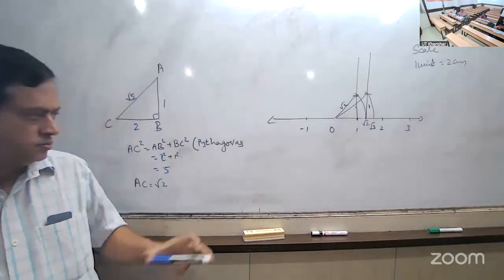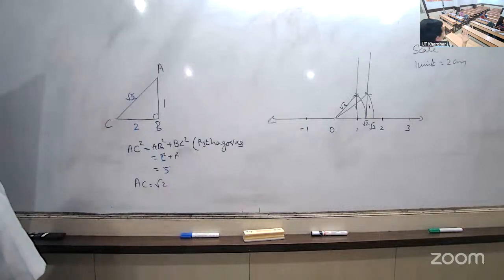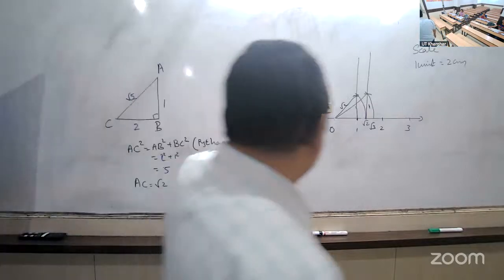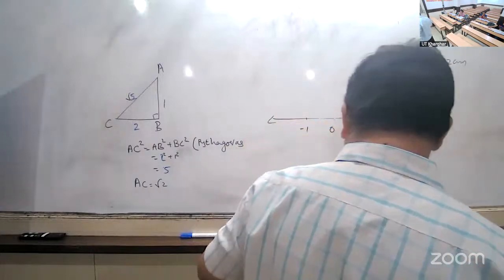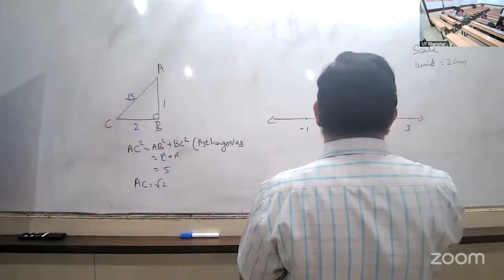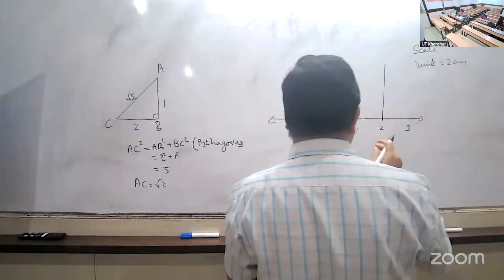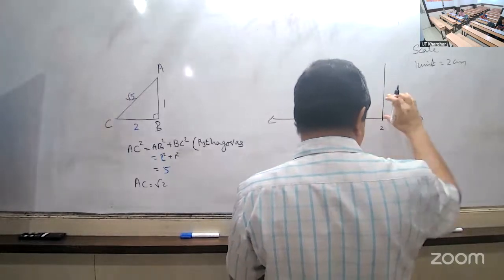Sir, we will use 2 to draw. We will make a perpendicular at 2. You don't need to draw all these things. You draw a perpendicular at 2. Then we will use the scale and mark 1 unit and cut it.